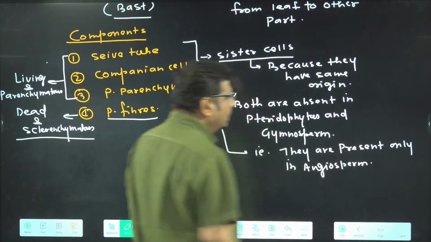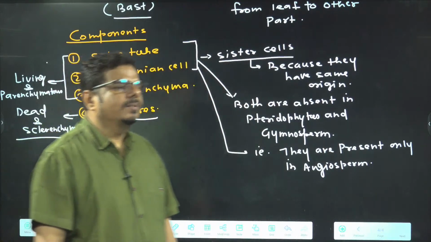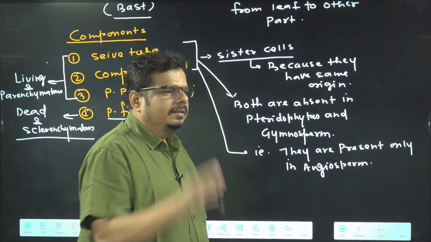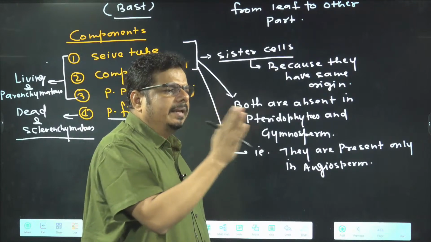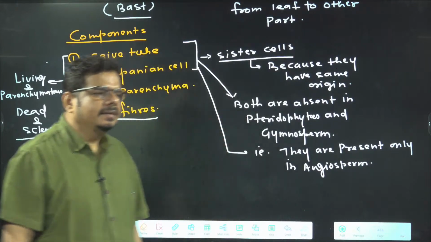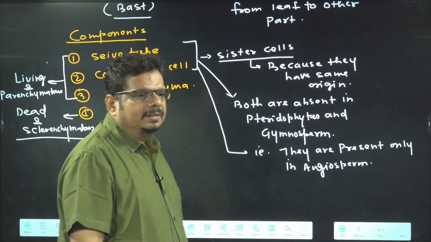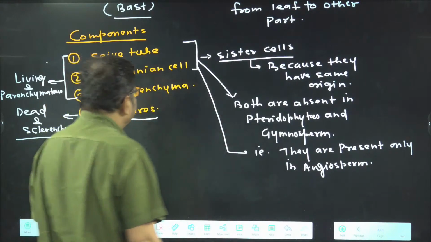Because you better know vascular tissue is present in three groups: pteridophyta, gymnosperm and angiosperm. So if it is absent in pteridophyta and gymnosperm, it is present only in angiosperm. Right? Okay.